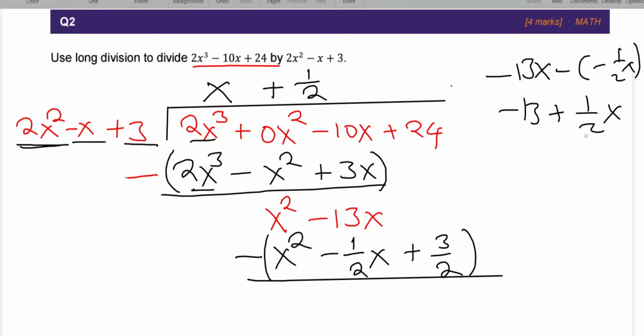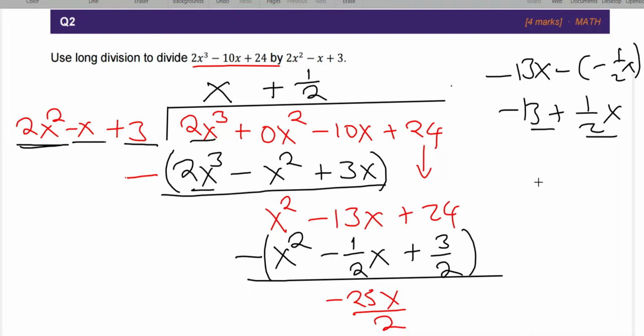How to do this is just multiply the 2 by 13, that would be minus 26, plus a 1 with a common denominator of 2, that is minus 25 over 2. So that would be minus 25x divided by 2.